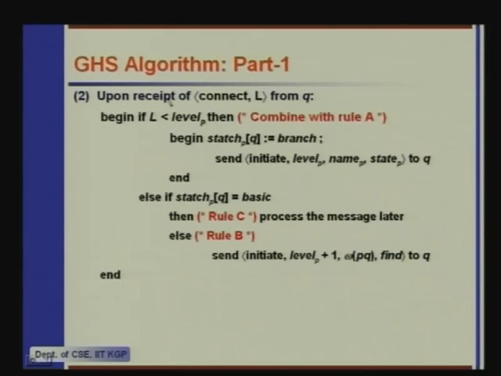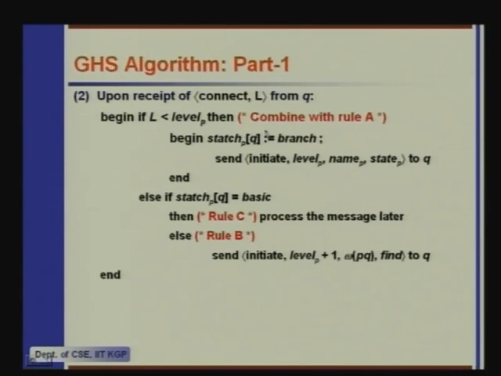Then we saw, in general, when a node receives a connect message, it checks whether the process from which it receives the connect message has a level L which is lower than its own level or higher. If the level L is lower than its own level, then this is a case of a lower level fragment trying to connect to a higher level fragment.